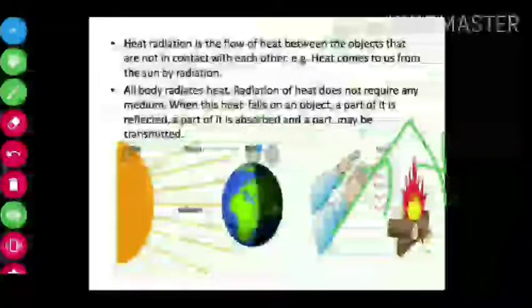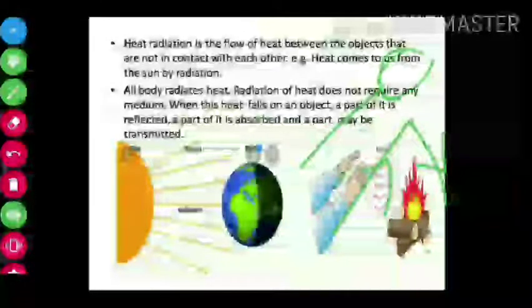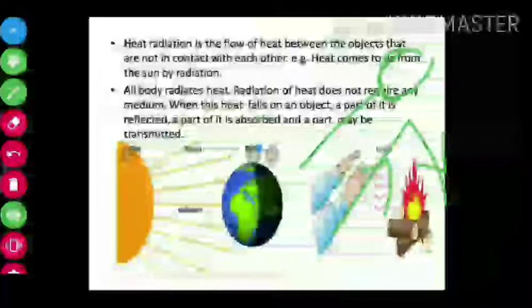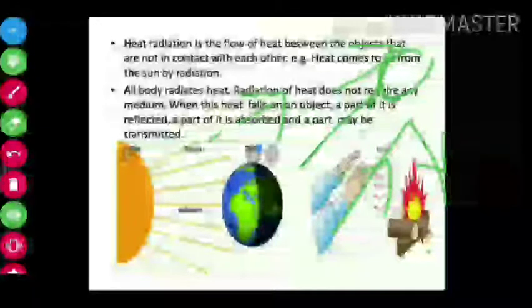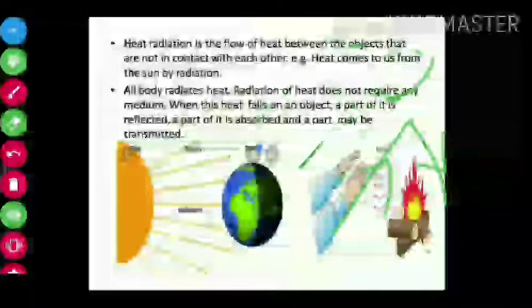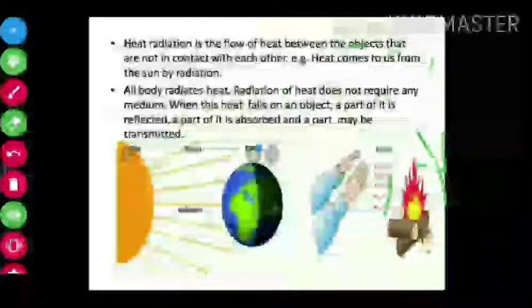Heat can also be absorbed, which means it goes inside the body, or heat can be transmitted, which means heat can go from one place to another or from one object to another. So when heat falls on an object, it can be reflected, absorbed or transmitted.